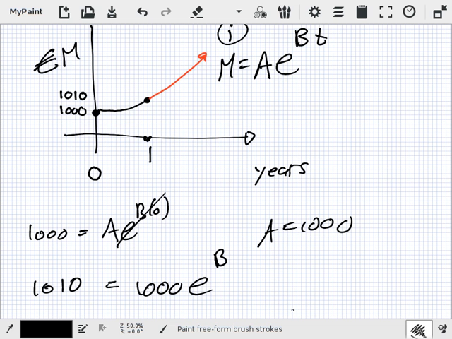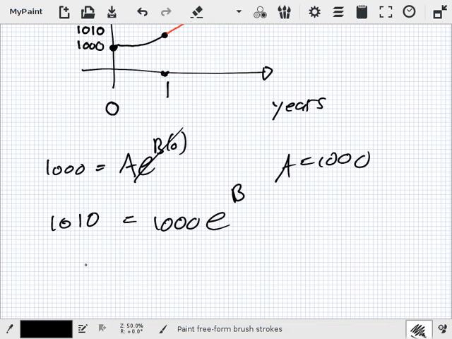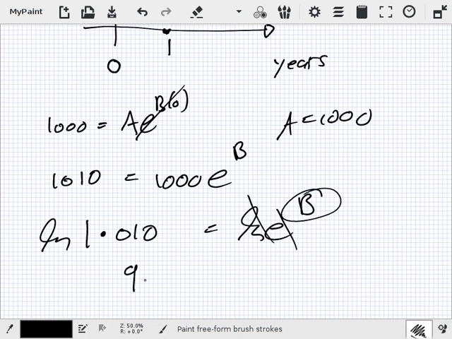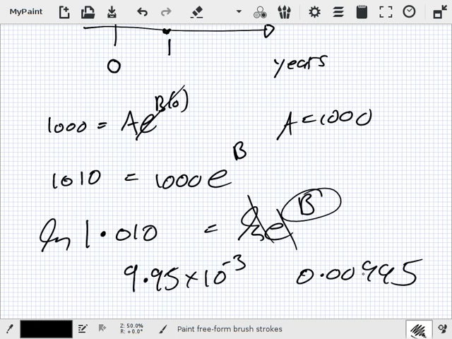Log. No, no, no. First divide by 1,000. I'm going to divide by 1,000 first, and then log. So I have my b as log of whatever 1.010 is, which is 9.95 times 10 to the minus 3, so 0.00995.